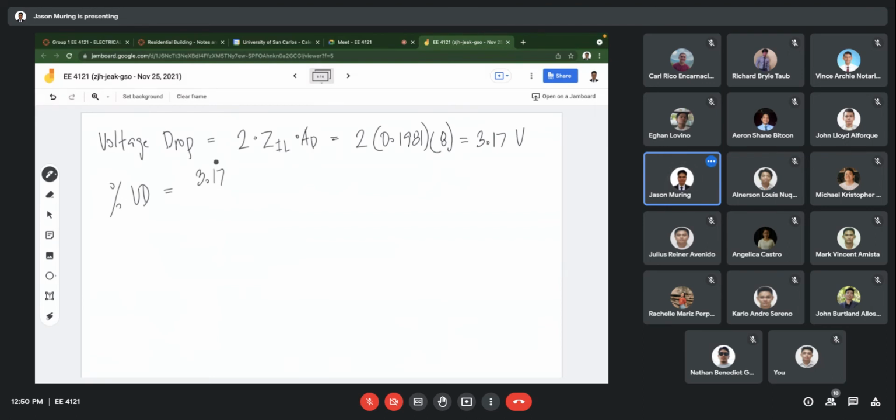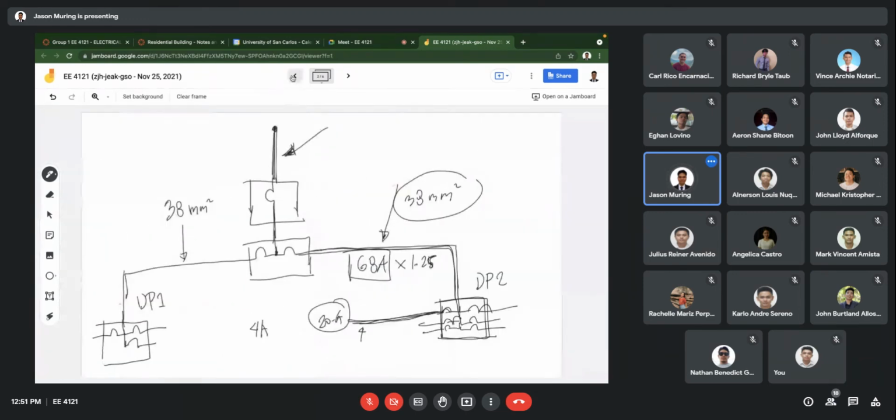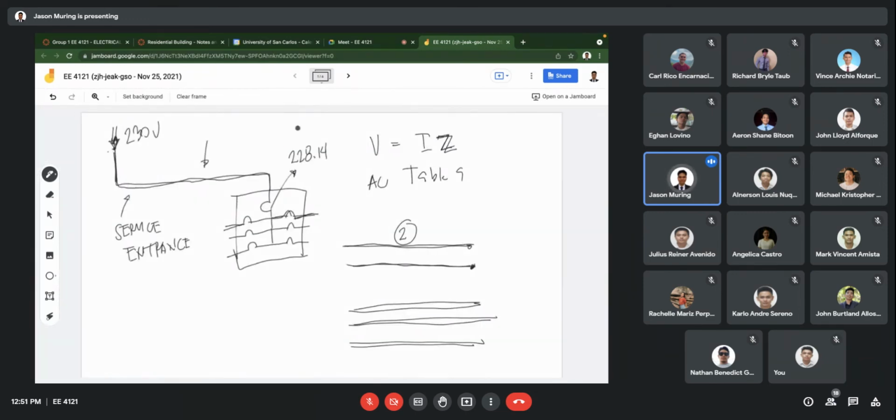Okay, so percent VD is equal to 3.17 over, so the voltage at this point, no, is not anymore 230. So kanya siya ang voltage, 228.14.